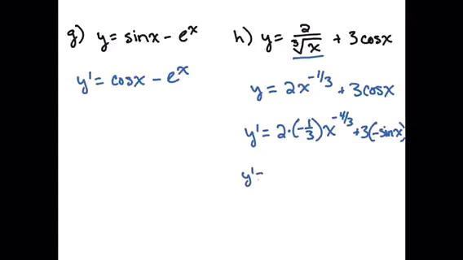And we'll clean that up. We get negative 2/3 x to the negative 4/3. And we don't want to leave this negative here because we don't want it to look like subtraction from the 3. So we're going to rewrite that as negative 3 sine x.